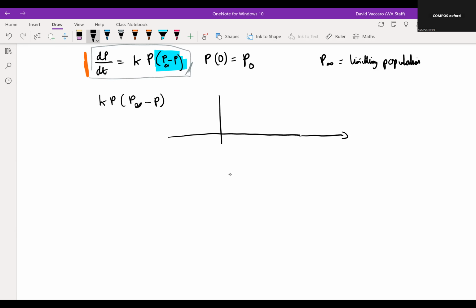So it's obviously a parabola, and it's 0 at 0 and P infinity. And then it's maximum at P infinity over 2, and then it becomes negative. So let's remind ourselves that this graph shows the gradient for different values of P.